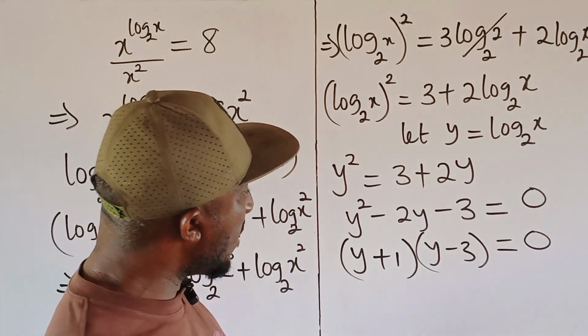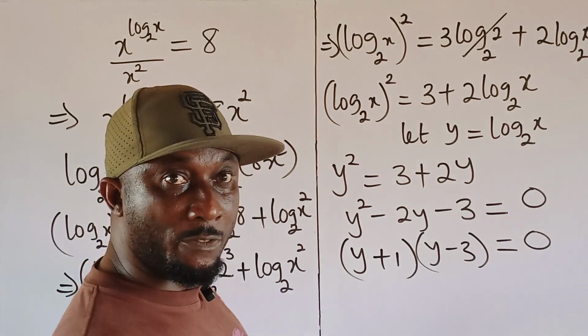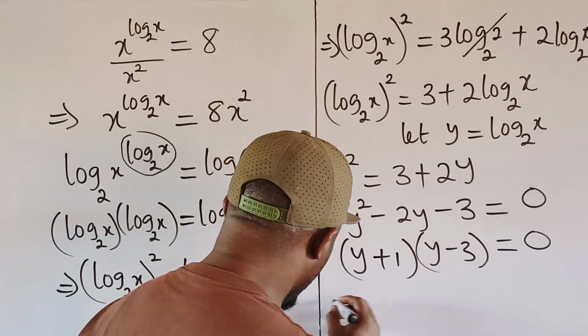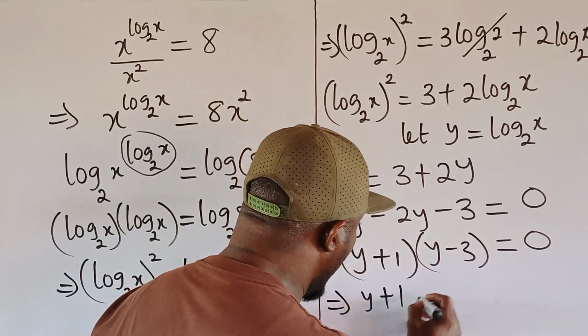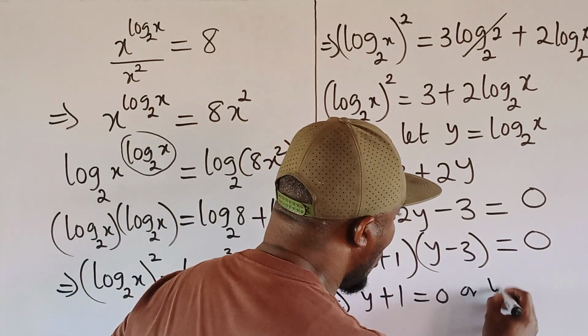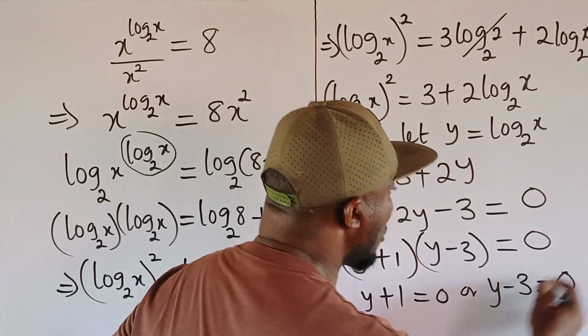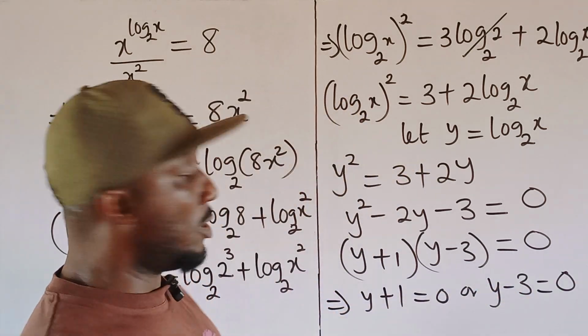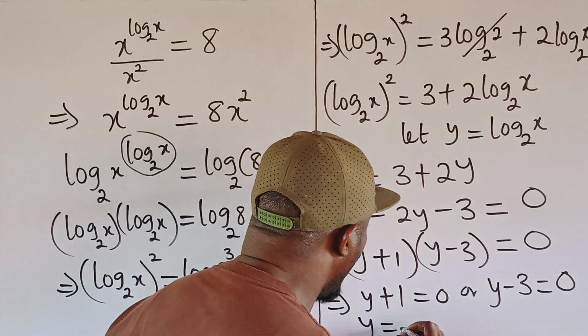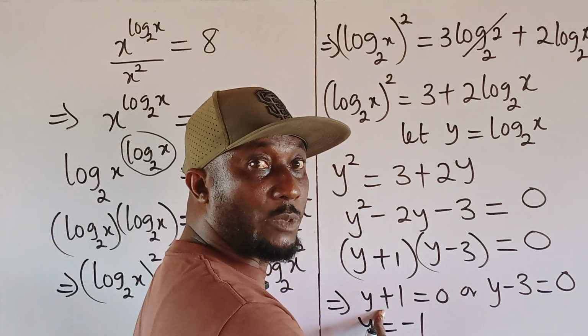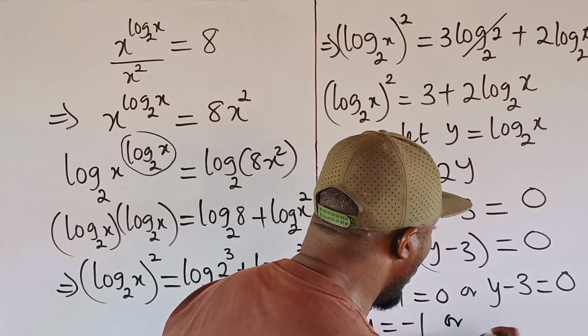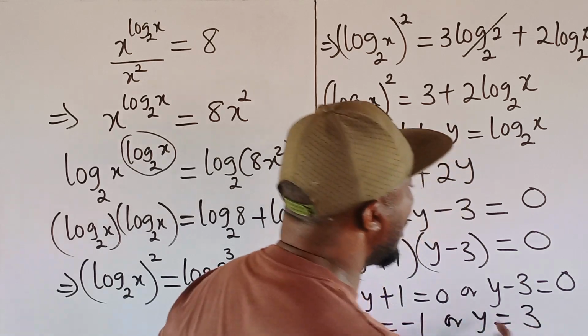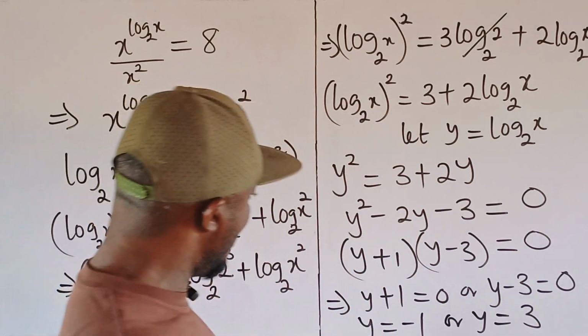Okay, as you can see, this is quite very interesting. So from the zero product property, it implies that y plus 1 equal to 0 or y minus 3 equal to 0. Upon whence, we can have that y equal to negative 1 if I subtract 1 from both sides, or y equal to 3 if I add 3 to both sides.